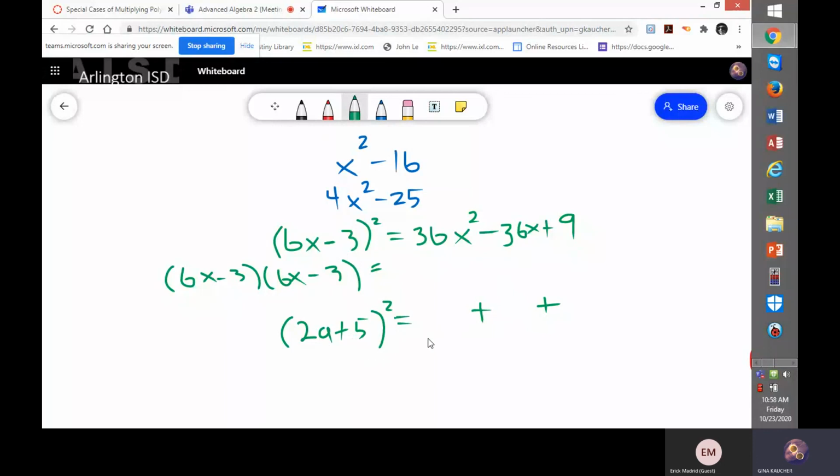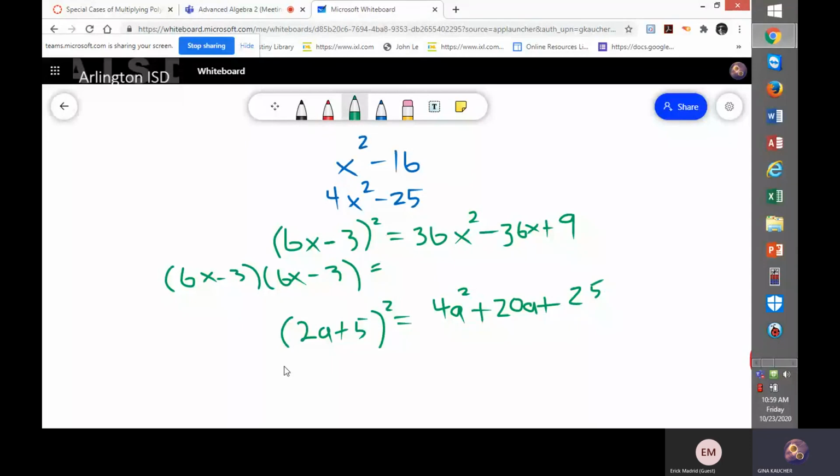The whole thing squared. Right, 4a squared. And then take 2 times this times this. So in other words, 2 times 5 times 2a. That's going to be your middle term. So 2 times 5 is 10. 10 times 2a would be 20a. And then just square the 5. We all know that's 25, right?